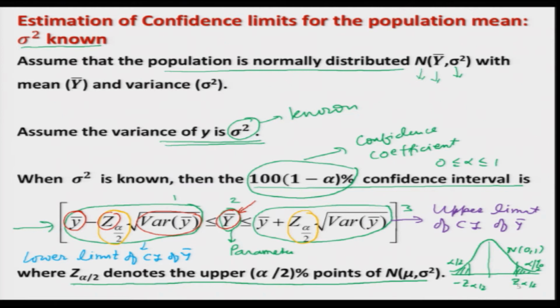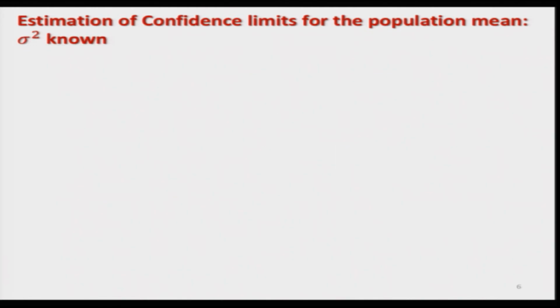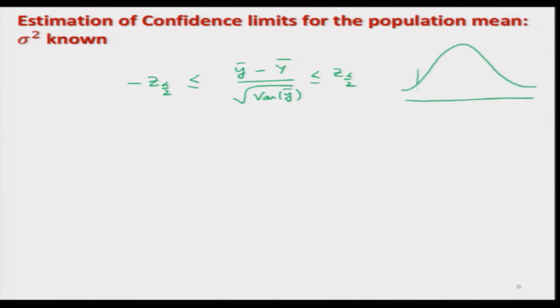Right. How is this interval obtained? Let me first give you a quick review. As I explained earlier, y bar minus capital Y bar upon square root of variance of y bar will follow a normal distribution. So, I can say that this lies between minus z alpha by 2 and plus z alpha by 2 in the probability distribution function of normal 0 1.